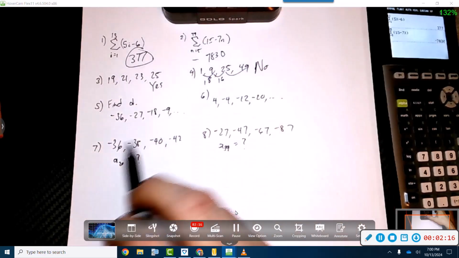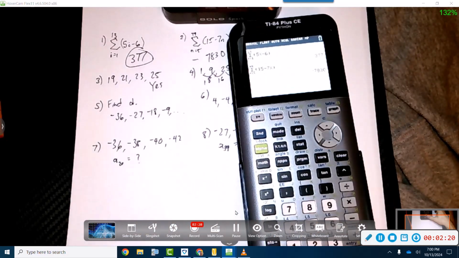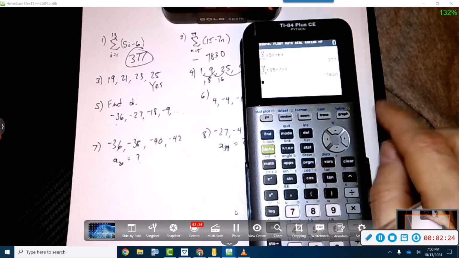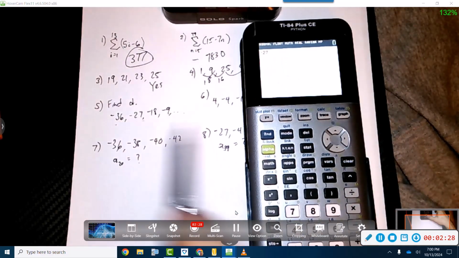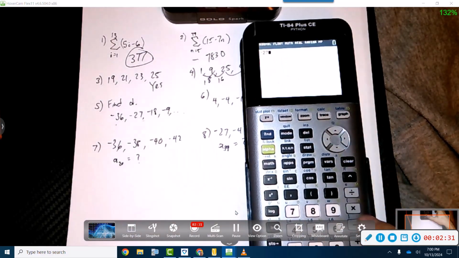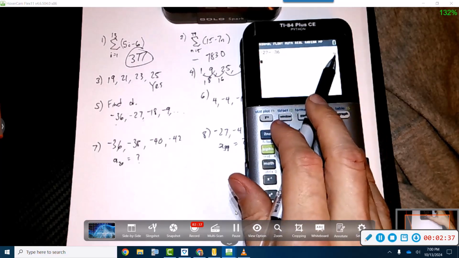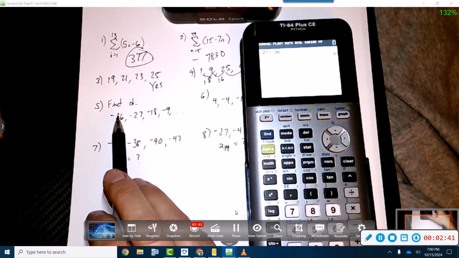Now the common difference here, if you need to find it, I think you can kind of just figure out how it changes from one to the other, but there is actually a shortcut here. What you could do is take negative 27, which is the second term, and simply subtract the first term. And so what that's saying is that it's going up by 9 because you're finding the difference between the second term and the first term.